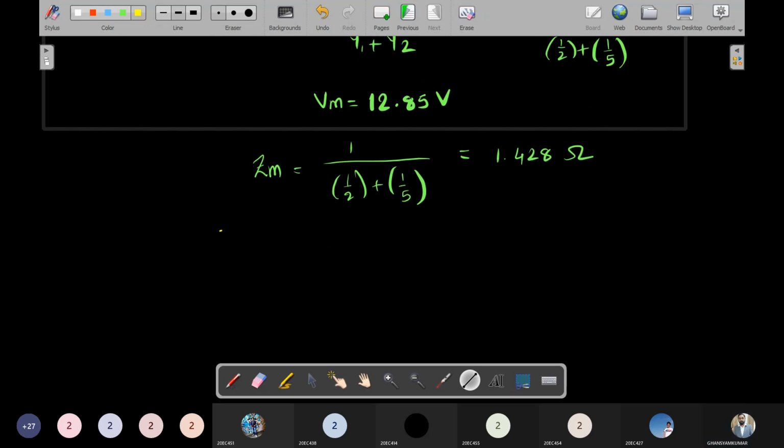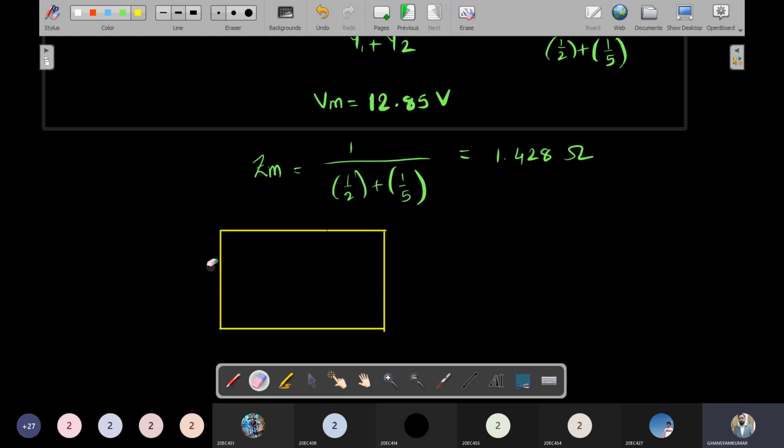Across the AB terminal, we are converting this network as per Millman's theorem. Then we'll get the value of I. So this is a single source and single impedance, and this is one resistor.